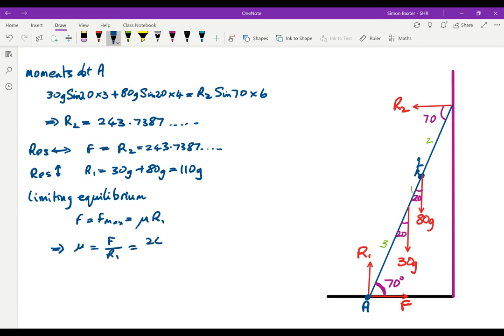F is 243.7387, etc., divided by 110g. That gives us that mu is equal to 0.23 to two significant figures.